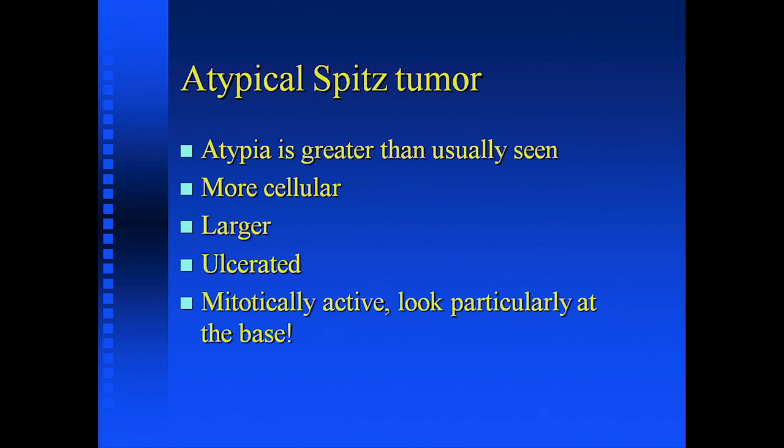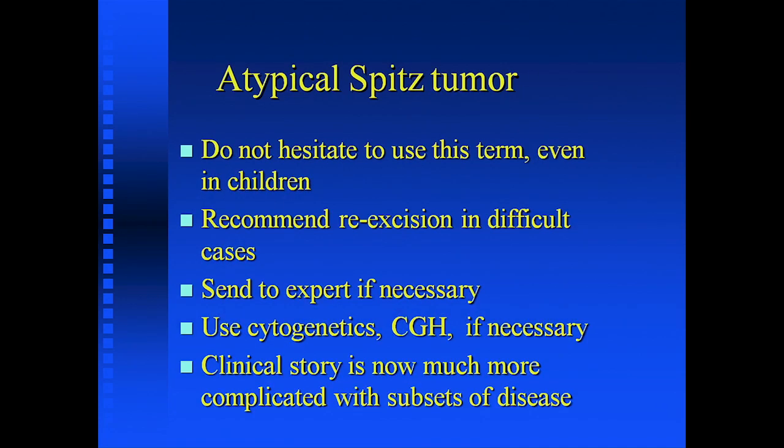So what is the so-called atypical Spitz tumor? It shows some of the features of Spitz nevus, but it's usually larger, more cellular, can be ulcerated, and mitotically active, and particularly if they're at the base of the lesion, you should be very concerned. So what do you do in these cases? Do not hesitate to use this term, and I don't care if the patient's 1 year old.